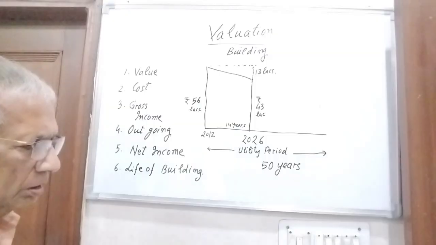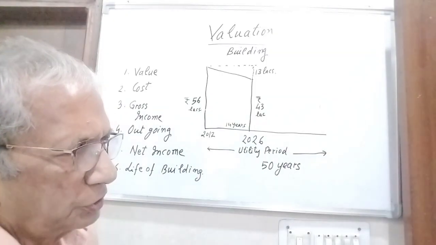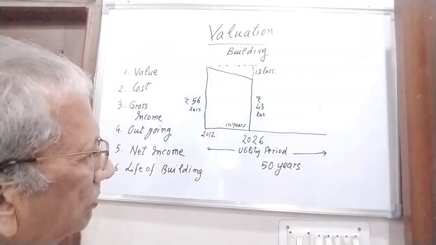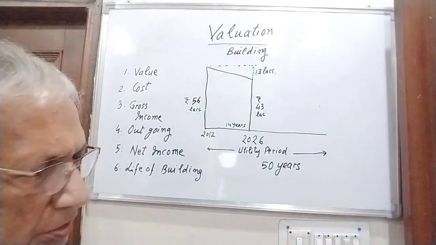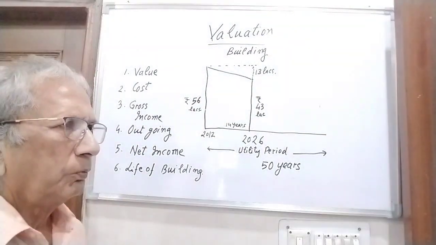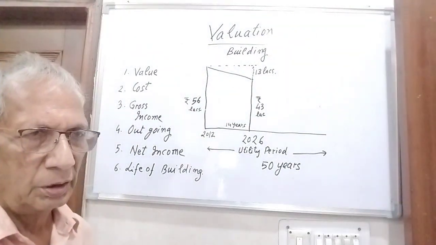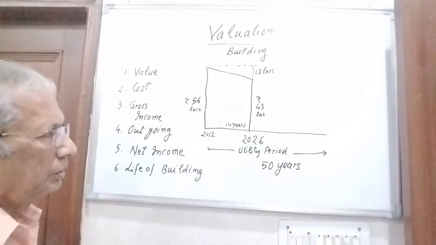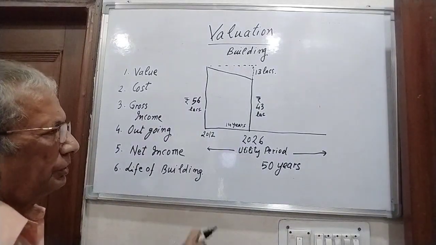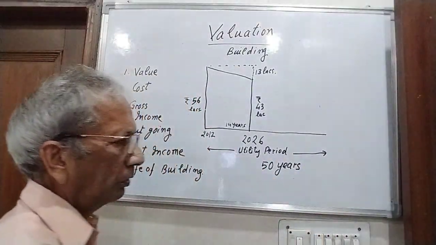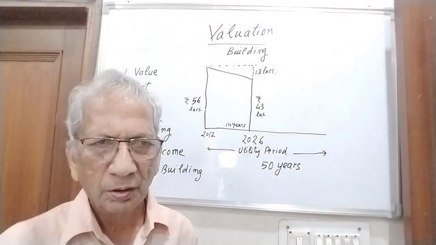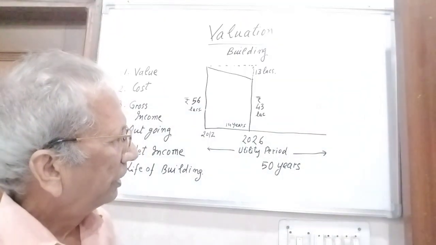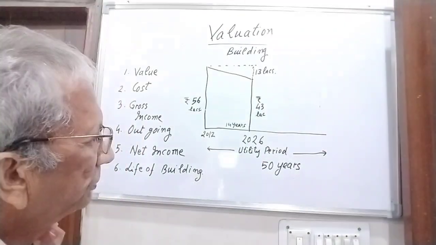After 50 years, our gross income will be very less as compared to expenditure, because the building is outdated. Therefore, we will go for construction of a new building in place of the old building because it is 50 years old. Therefore, life of the building will be utility period, for which the building is giving us profit. That period is called utility period.